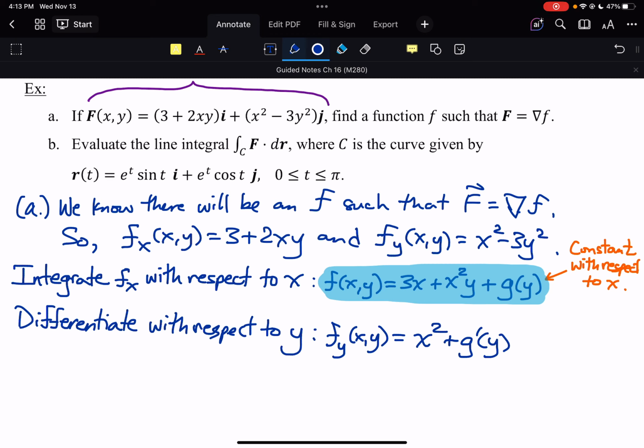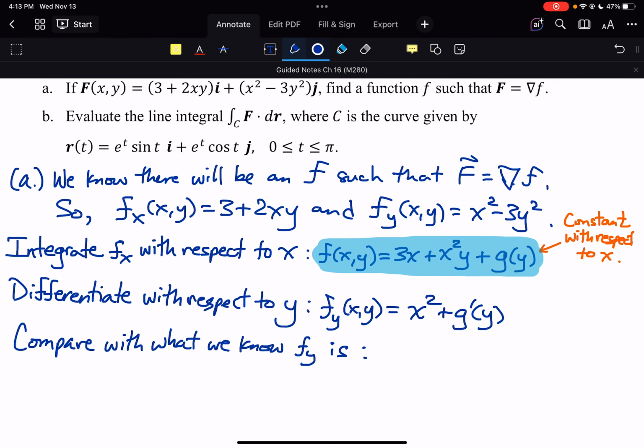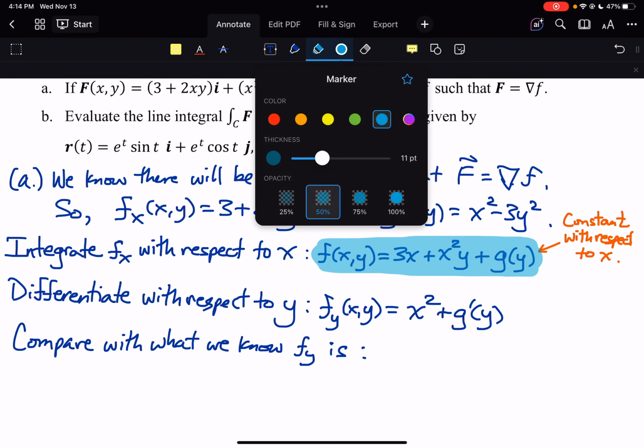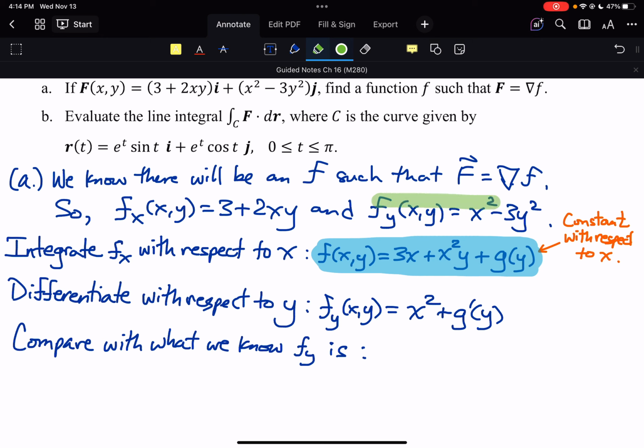Now we're going to compare what we just got with what we know f_y is. So we know that f_y is x squared minus 3y squared, right? We established that at the beginning.